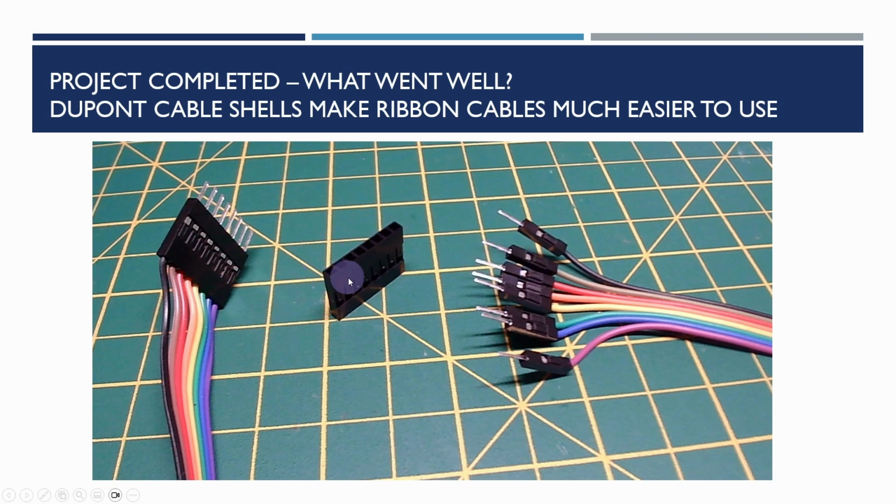Now, I tend to use the 8-way shells most of the time, but I have got 2, 3, 5, 6, 8, 10 and I think 12-way shells as well. So it means that you can actually make the connector so that it will plug in, and it's a lot easier to see if this connector has started to become disconnected when you've got 8 or more of them in rather than just 1 or 2 at a time.